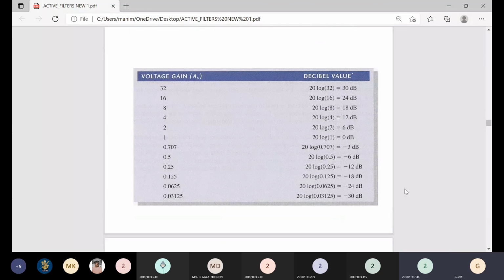Just remember that depending upon the voltage gain, we calculate the decibel value. The maximum gain value we consider as 1, but in decibels it is 0 dB, since 20 log of 1 is 0 dB.